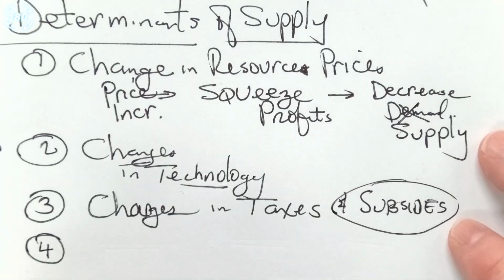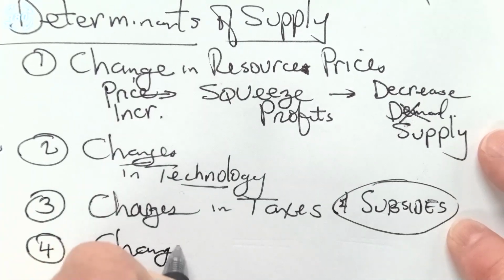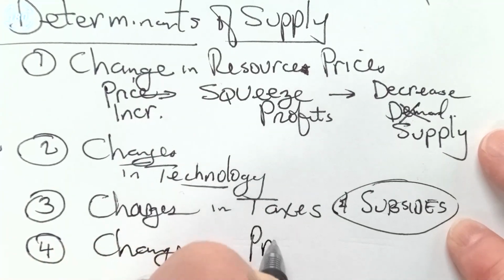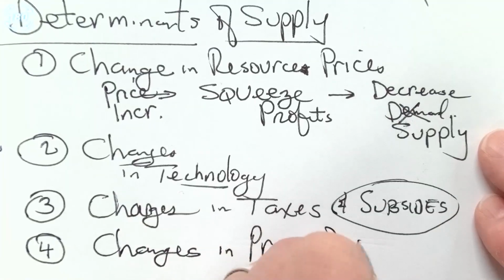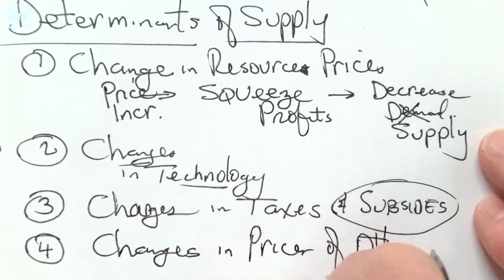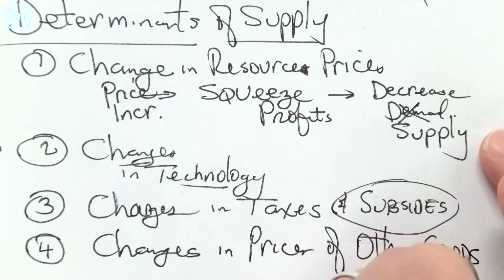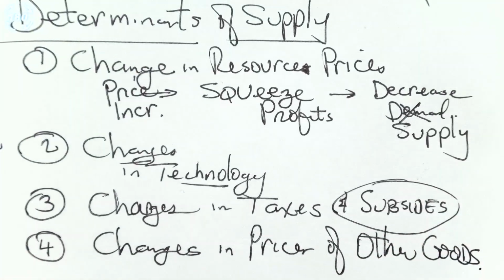Changes in prices of other goods. We talked about this actually. The same line we used as a determinant of demand, when we talked about substitutes and complements in consumption.